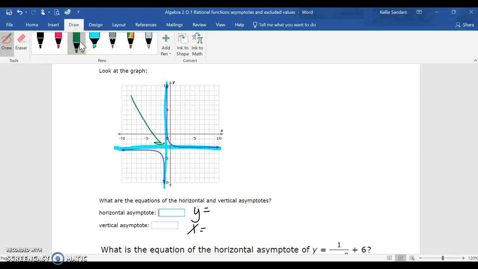This is at -1, -3. Where those two highlighted blue lines cross was at -1, -3. Well, that's your x and that's your y. So -1 and -3 is what you would put.